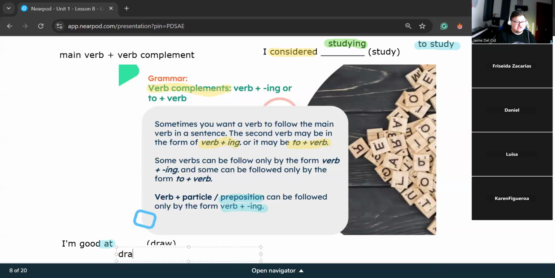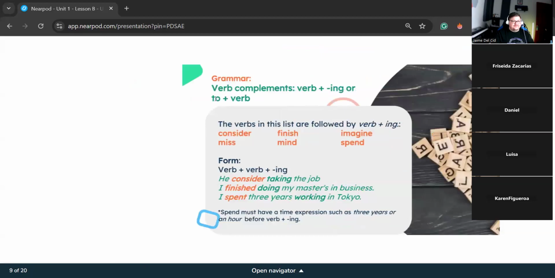So I'm good at drawing. So this is what this rule is saying. When you have this type of cases, you have to pay attention if it's a preposition or a particle like this, and the word will be completed with the verb ing. That's the rule. So let's go to the actual rules before we move forward.